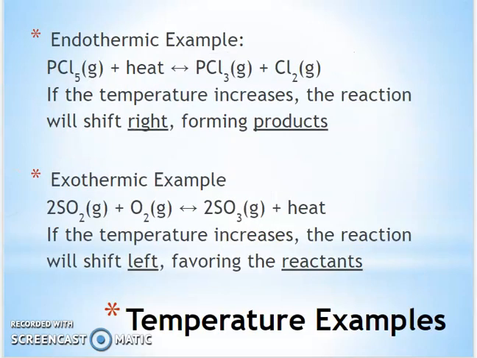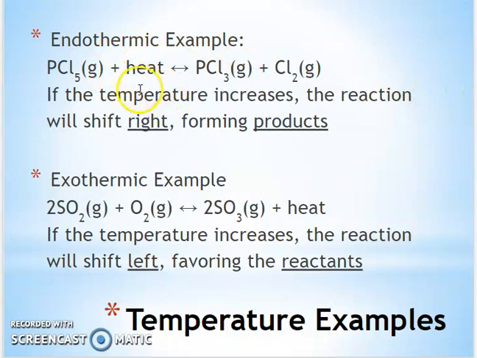To give you an example here, we have an endothermic example, which is PCl5, which is going to decompose into PCl3 and Cl2. If you recall, breaking bonds requires an input of energy or an input of heat. So that's absorbing heat, which is why the heat is listed as a reactant here.